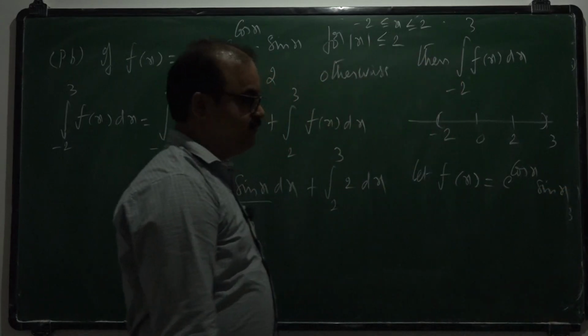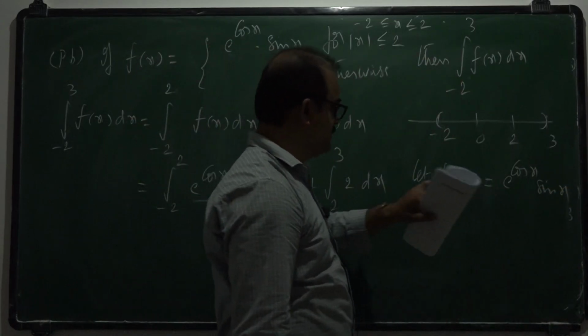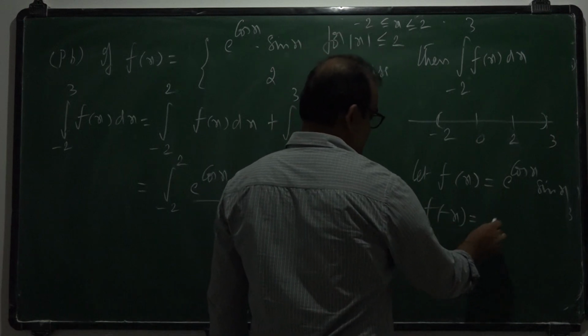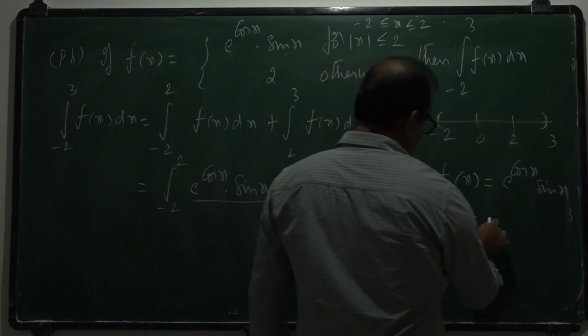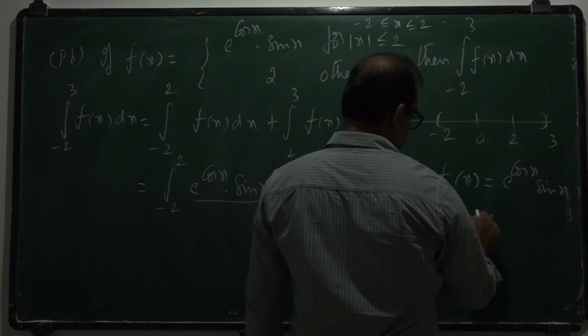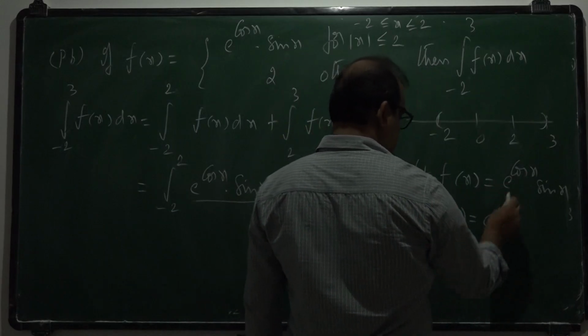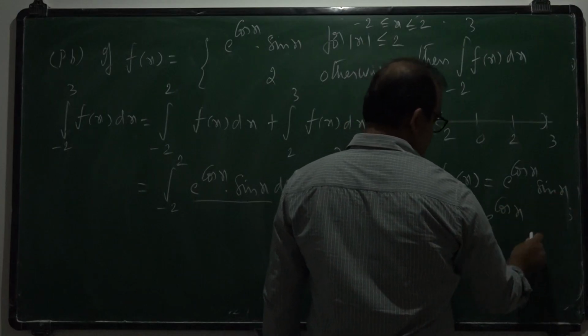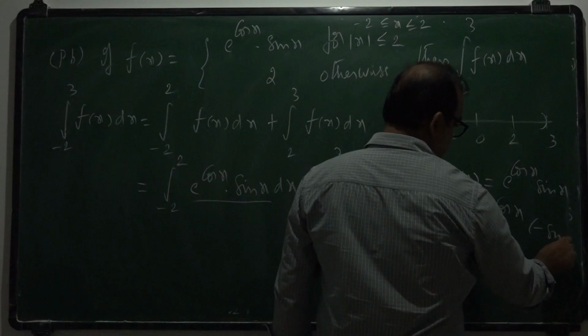Now take f of minus x, that is e to the power of cos of minus x, that is cos x, into sin of minus x, that is minus sin x.